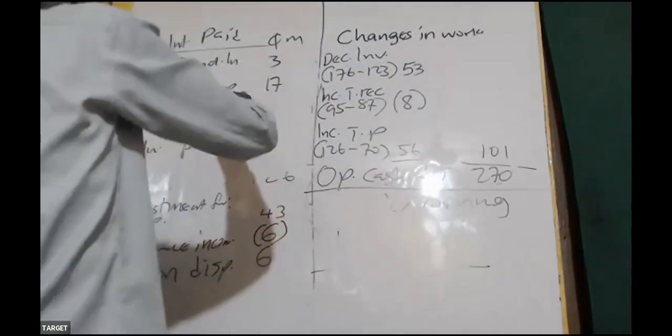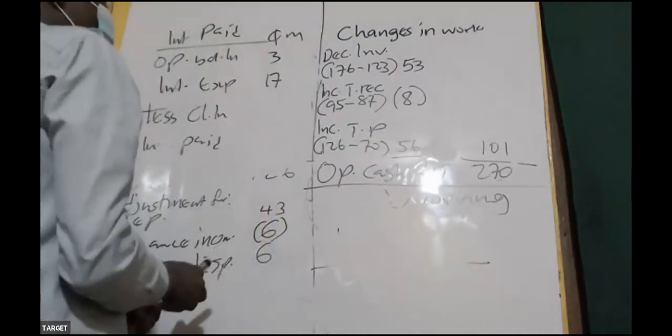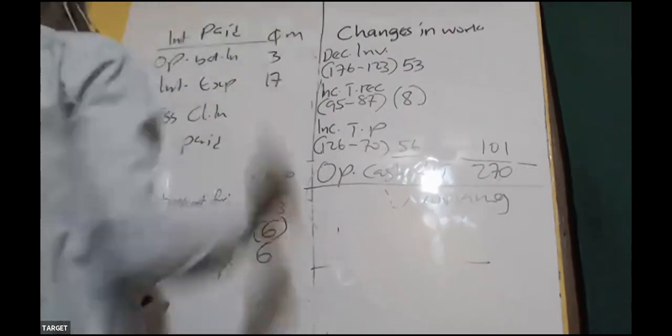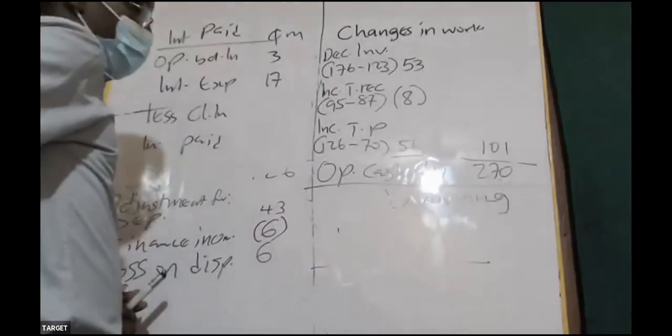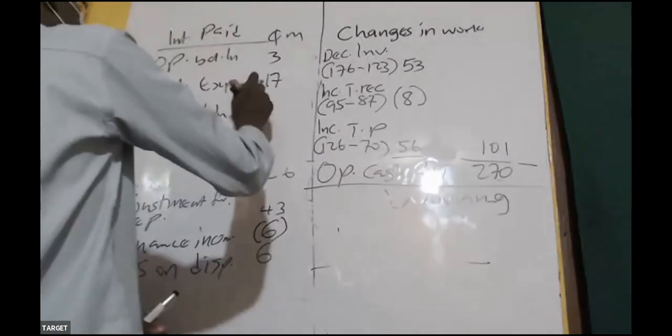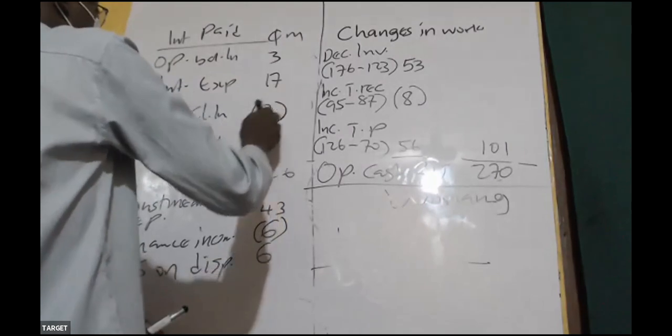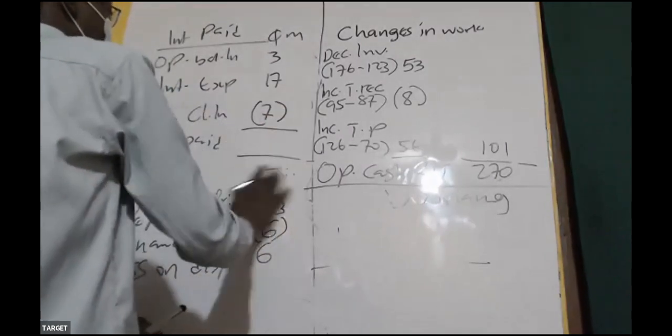Then we add the interest expense from the P&L. It's the same figure that we added back to the profit before tax to arrive at the profit before interest and tax. Less the closing balance. Whatever you get is the paid.